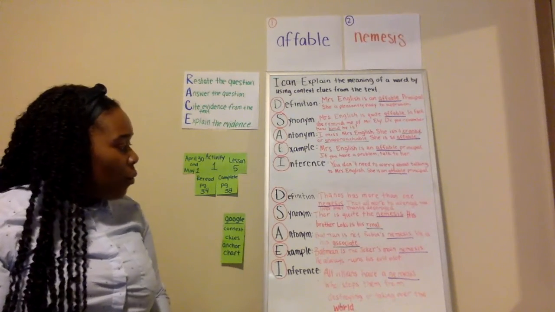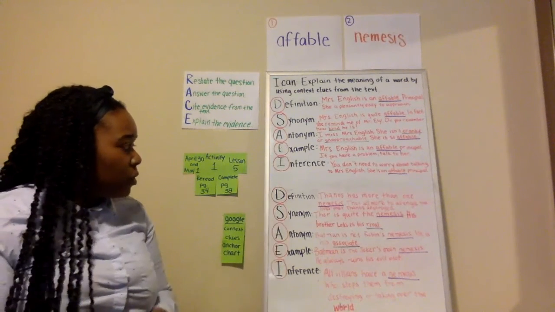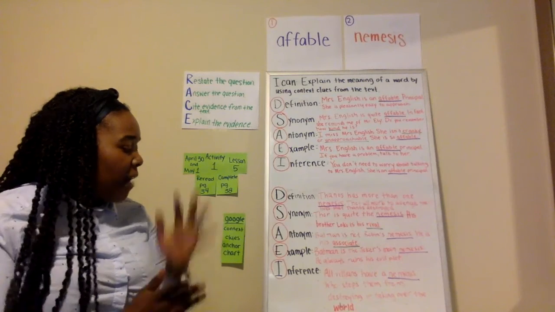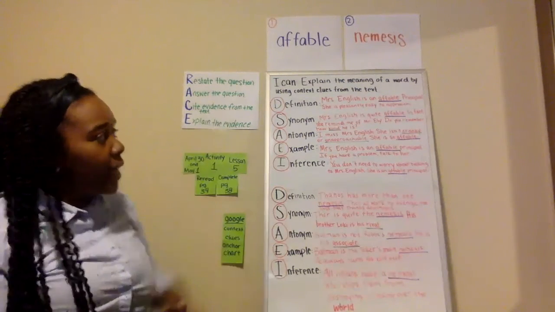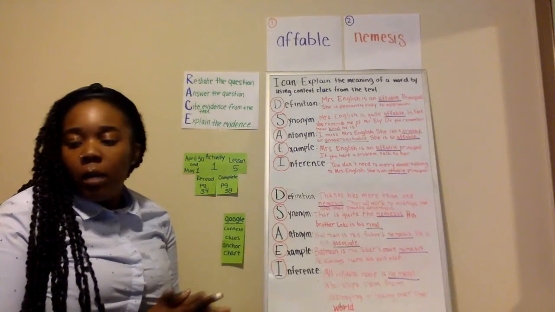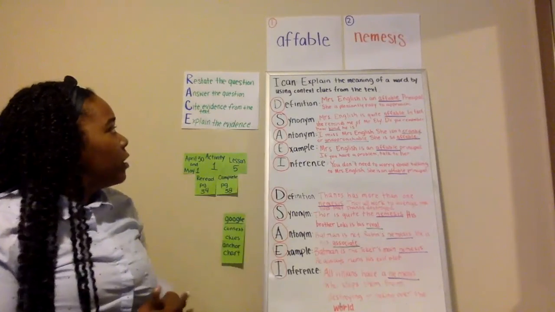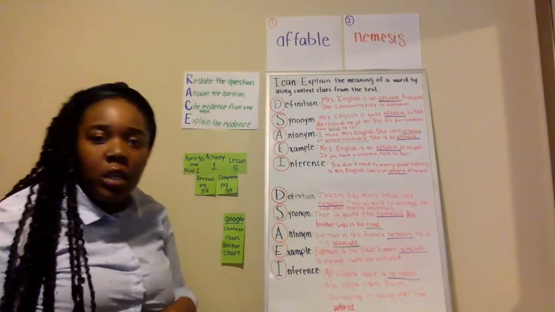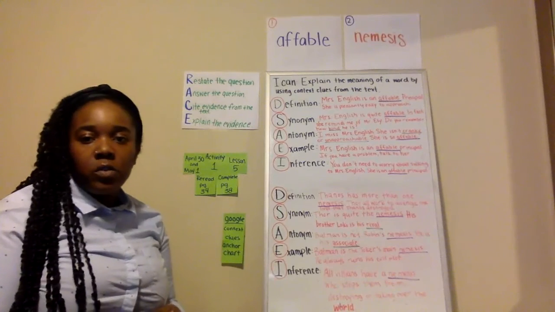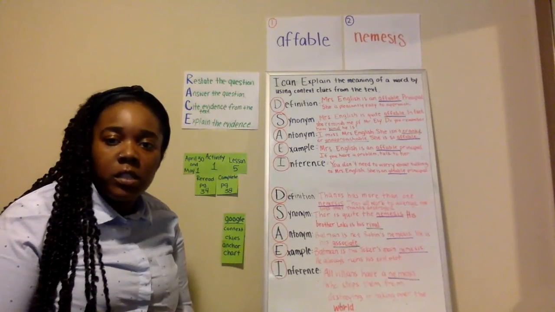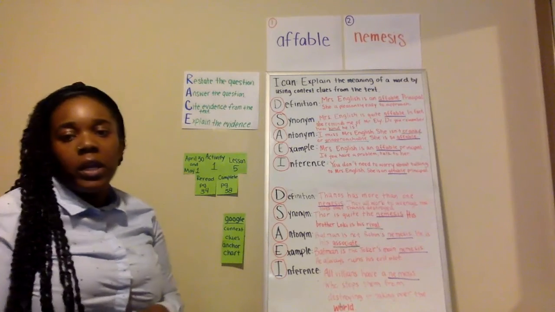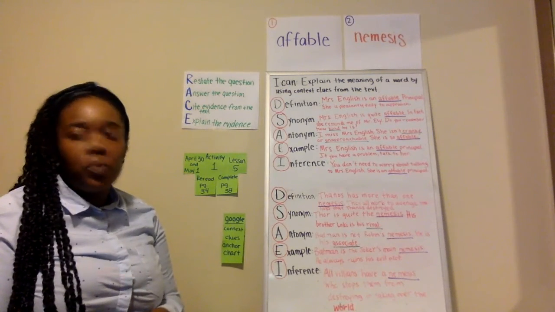Okay, so I've used my 5 things to help me pick out my context clues. I've gone through and I've answered my question about the meaning of both words in complete sentences using my RACE strategy and making sure that every sentence begins with a capital letter and ends with punctuation.